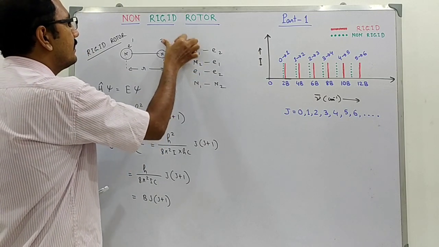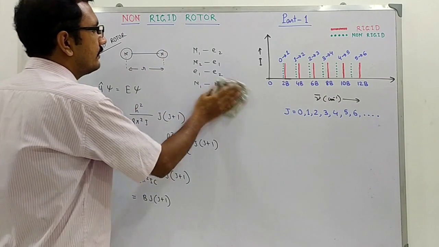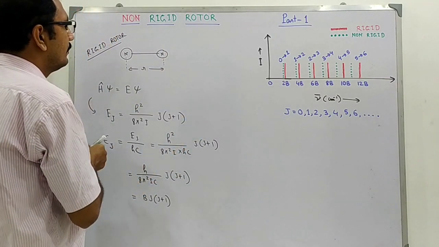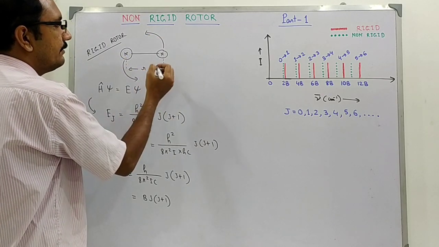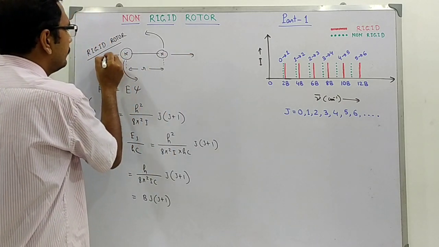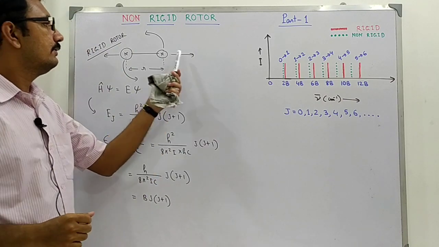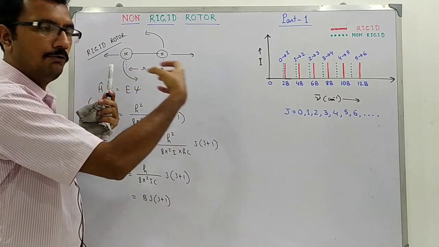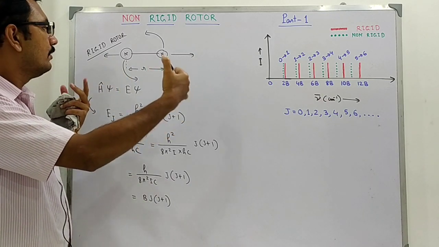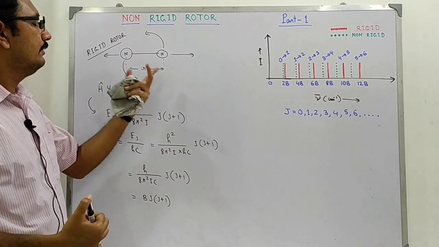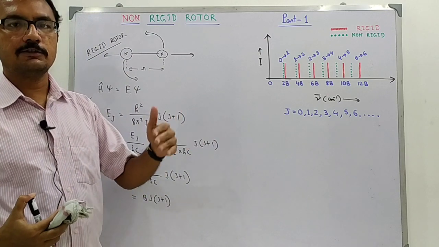These atoms have masses, so while rotating it will develop a centrifugal force that will act outward owing to the mass of the atoms. So, these outward forces will tend to move the atoms apart from each other, so that there will be an increase in the bond length from that value which is predicted by the valence bond theory.